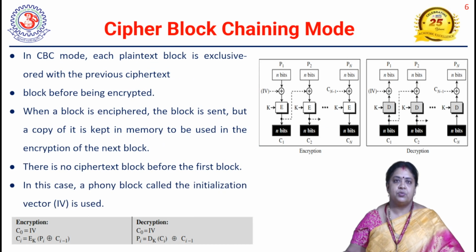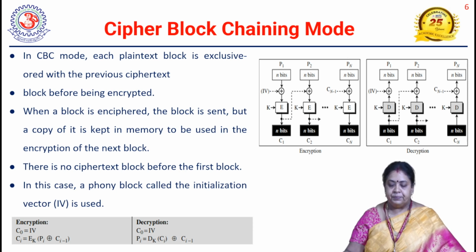Then coming to the next mode of operation, that is cipher block chaining mode. Let us see in the diagram itself. Here also the plain text is divided into blocks of n bits.